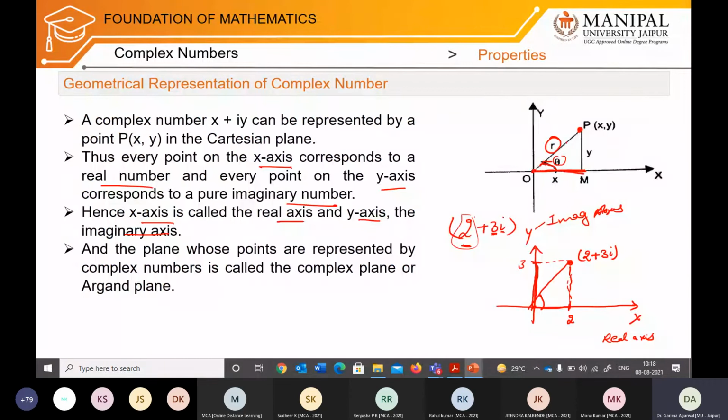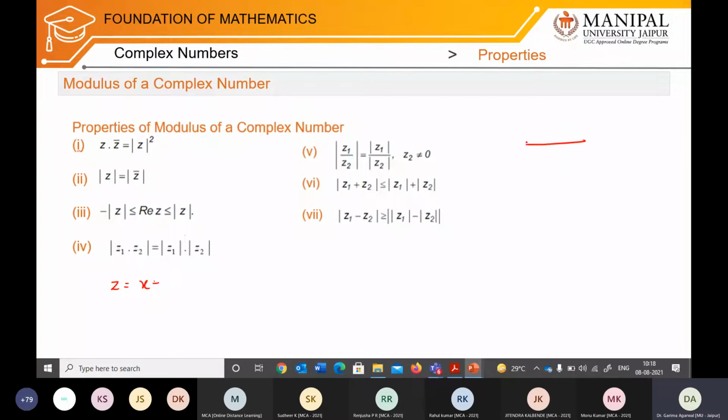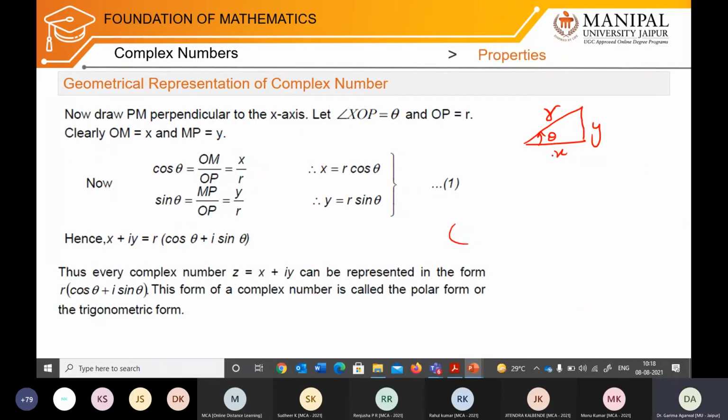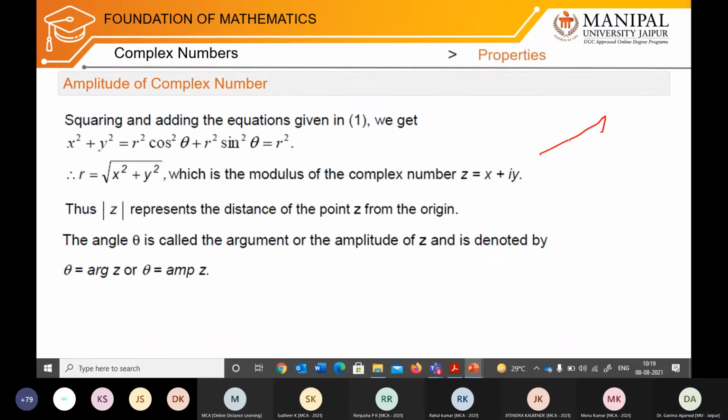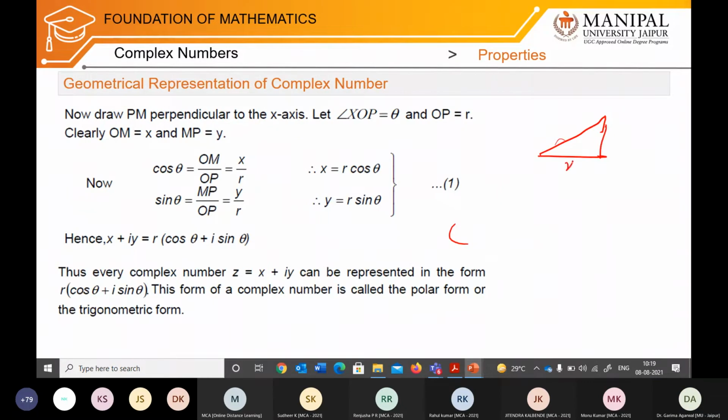If this side is x, this is r, and this is y, let me draw this triangle with x, r, y and theta. So cos theta will be x by r and sin theta will be y by r, right? So the value of x will be r cos theta and the value of y will be r sin theta.